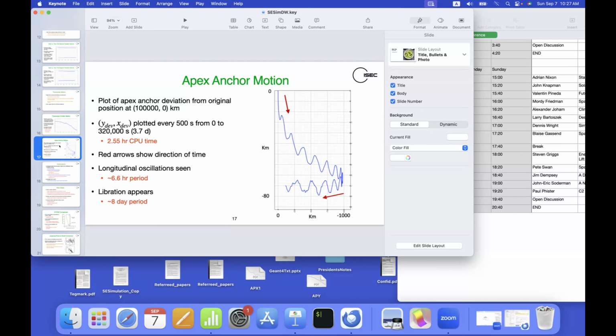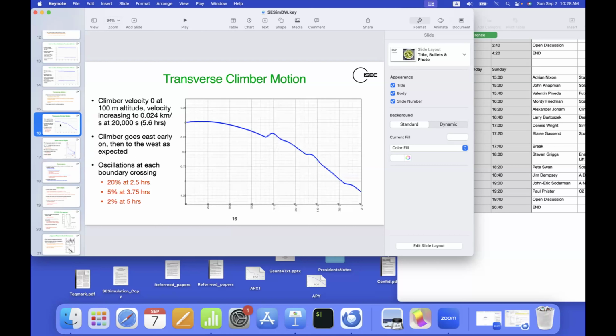In the chart that had those series of humps that you thought were errors in the system, I believe they're correctly there. What is causing the humps is a tension wave induced by the acceleration of the climber on the tether, moving back and forth on the tether. As it changes direction, the mass flow on the tether as it moves outward and inward will produce those humps.